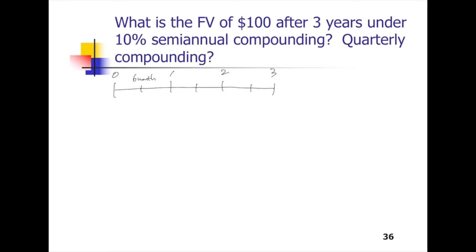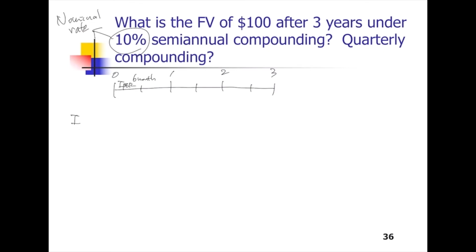And what rate do we compound? This rate? No. This rate is the nominal rate. But in this case, on the timeline, we should calculate the period rate.